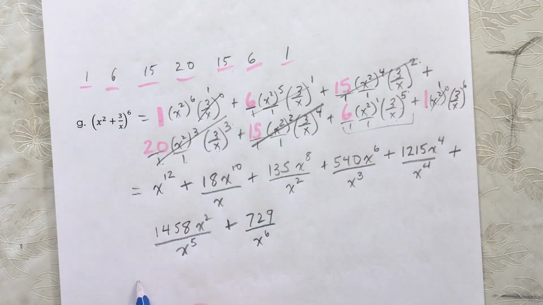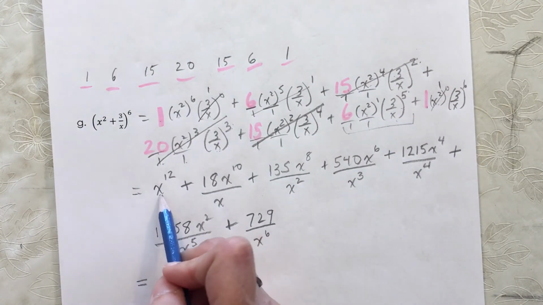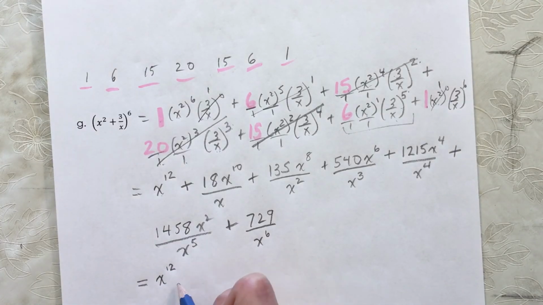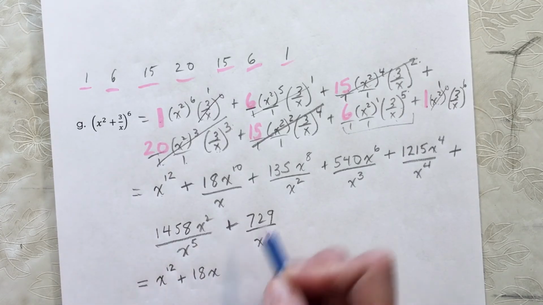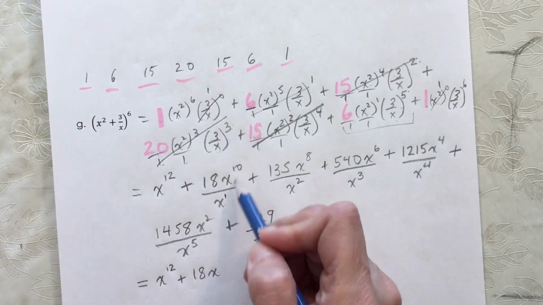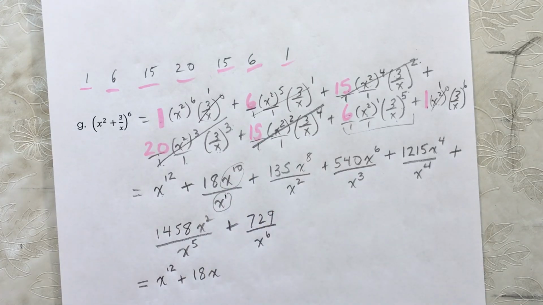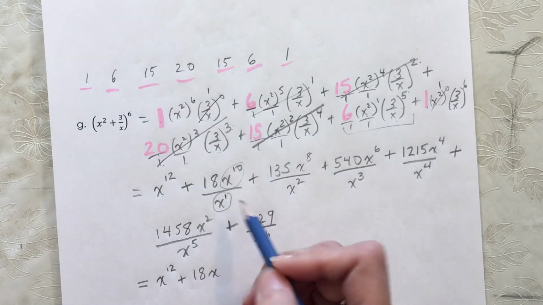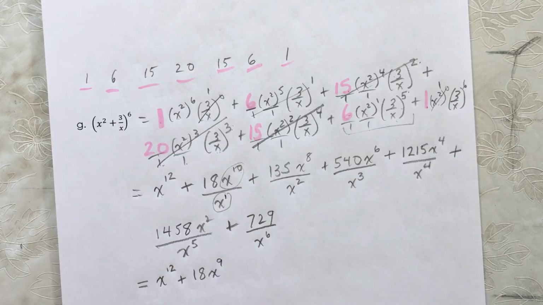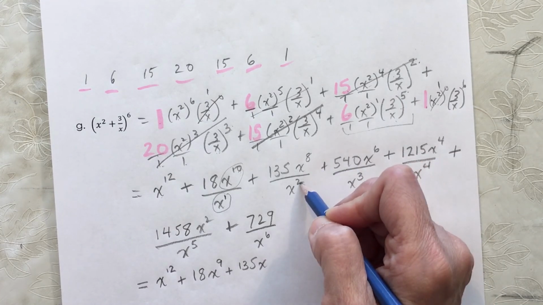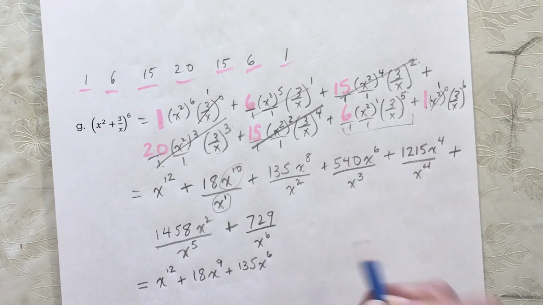So then how can we reduce this using exponent rules? So we've got x to the 12th. Here we've got, this is like 18 x to the 10 minus 1. So we're dividing powers with the same base. So we keep the base x and subtract the exponents. So 10 minus 1 is 9. Plus 135 x to the 8 minus 2, 6.